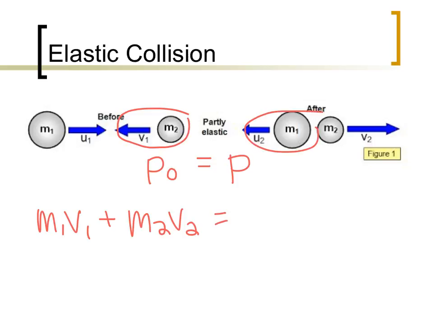Then we have what's going on after: M1 and V1 final plus M2 and V2 final. Often you are going to solve for the velocity at the end. So that's our equation for elastic collisions.